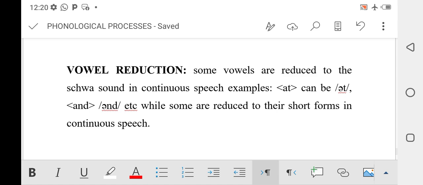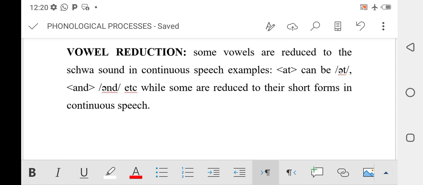Now we have vowel reduction. Vowel reduction still has to do with the schwa sound, the weakest sound in the English language. So some vowels are reduced to the schwa sound in continuous speech, and it happens mostly with grammatical words.